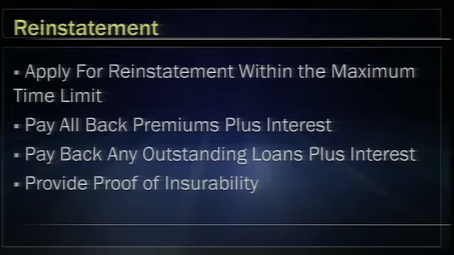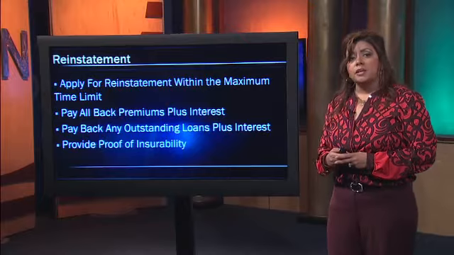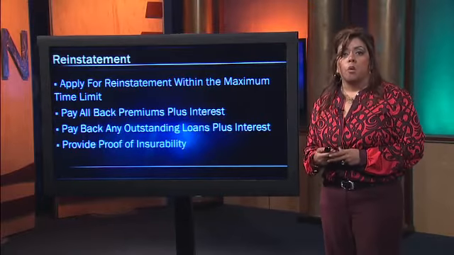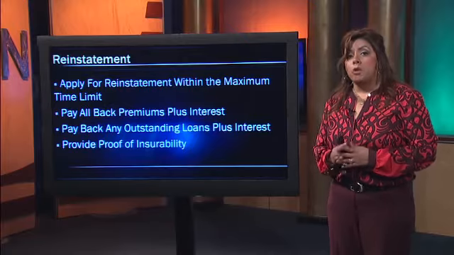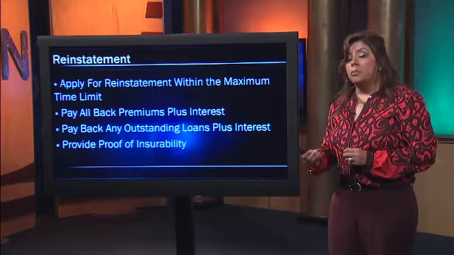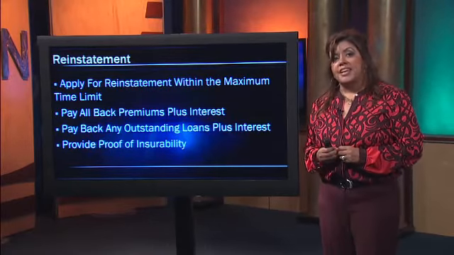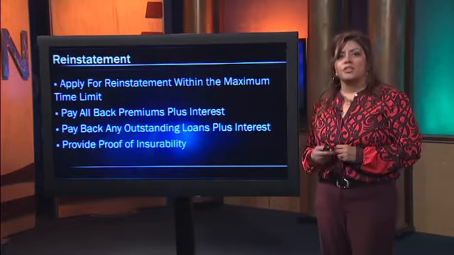They would be required to pay back any outstanding loans plus interest, and also provide proof of insurability, which basically means they would have to prove that they qualify due to health. Once all this process is complete and approved by the insurance company, the policy will be back to original status.